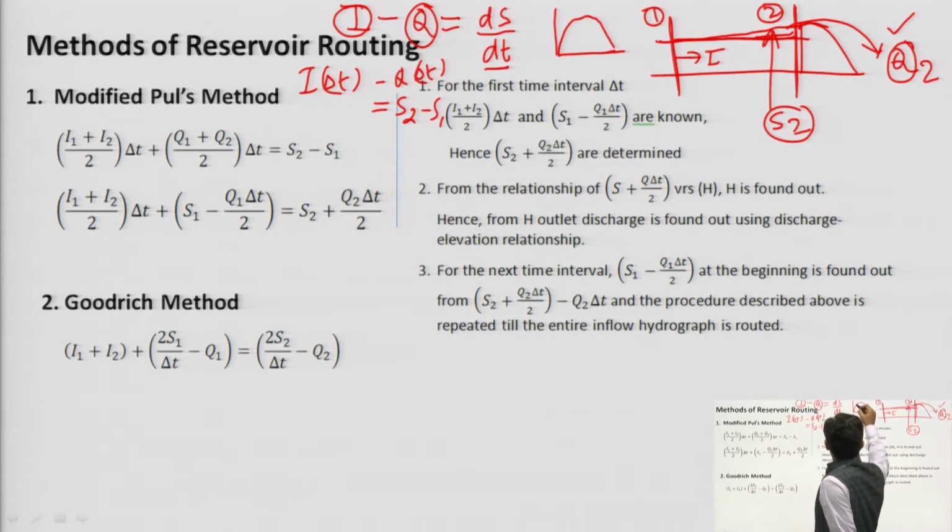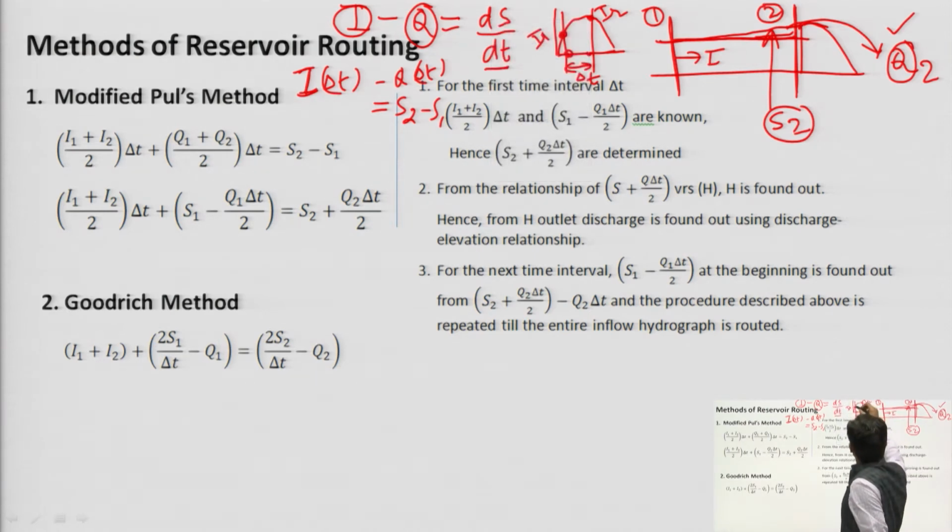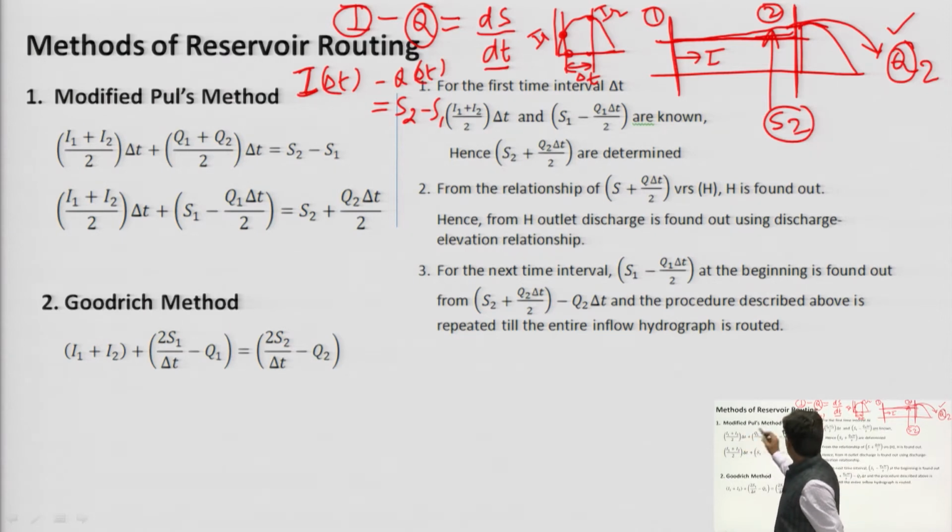Say at times t1 and t2, over a small time interval delta t, this is I1 and this is I2, and we will take the average of I1 and I2. So, this is (I1 plus I2) by 2 into delta t.